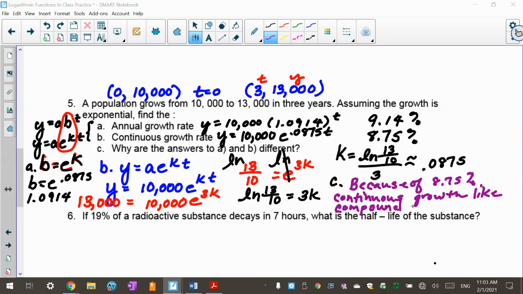Therefore, at the end of the year, which is your annual rate, it yields a higher interest rate.